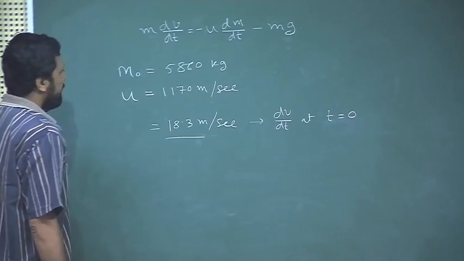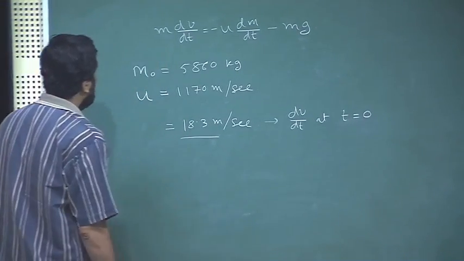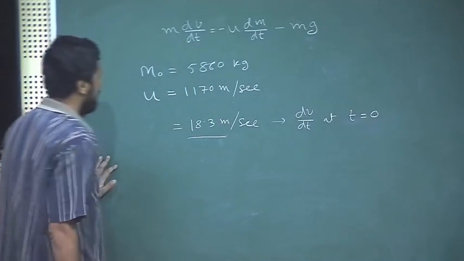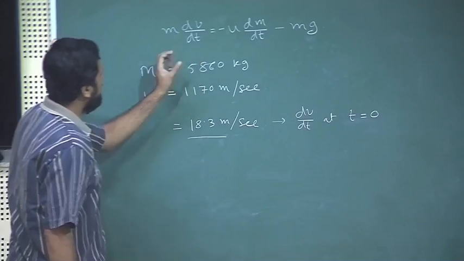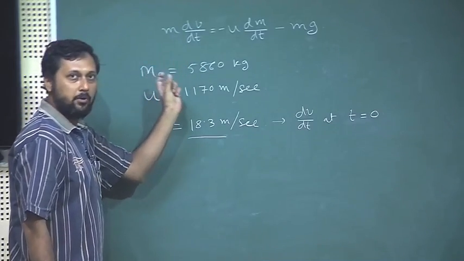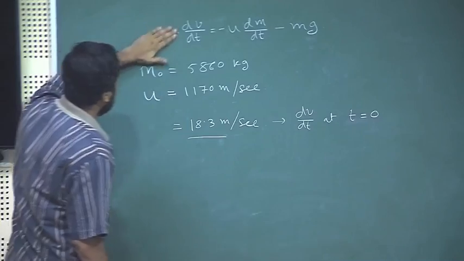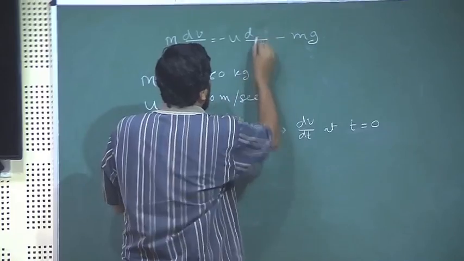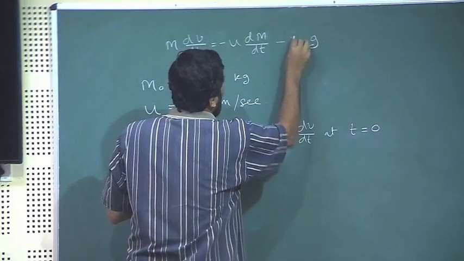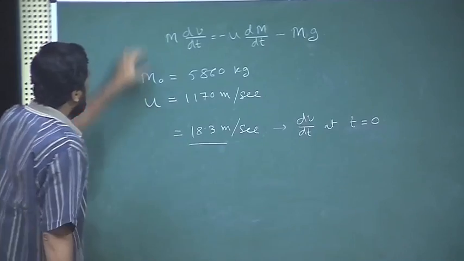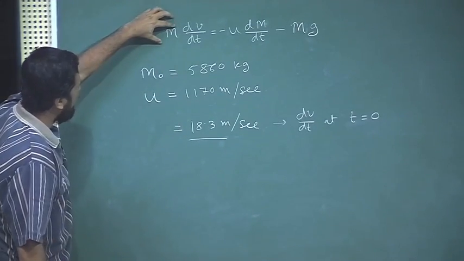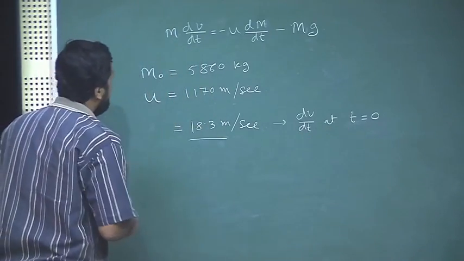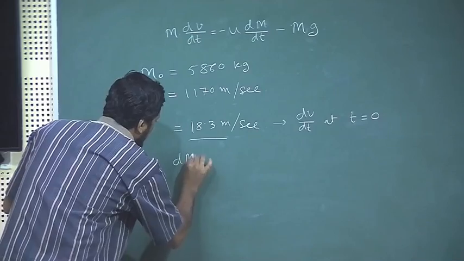Okay. So, if this is the case, we can substitute this number for dv dt at time t equal to 0, and also, because it is only at time t equal to 0, we can substitute m0 for this M. Sorry, this is capital M, please excuse me; in the rocket equation all the M's are always in capital.